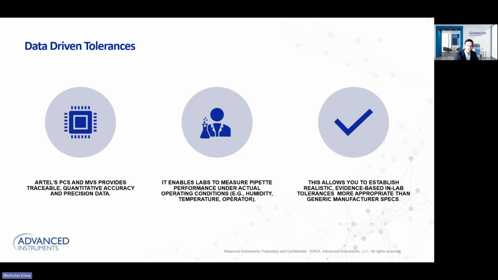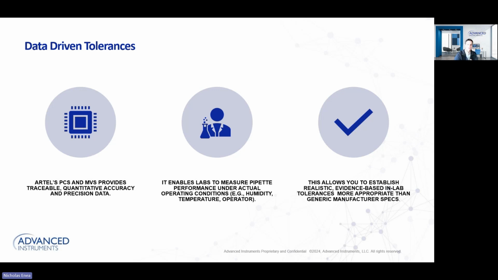We can help you with data-driven tolerances. So I just gave you a lot of information. I gave you a lot of places to start, but ultimately it comes back down to your actual lab and your application. The beauty of our systems and what they do is you're able to actually get meaningful data and create your own tolerances, right? You can create your own replicates based on the actual data that you're getting and the frequency, right? People will come to me all the time and ask me the same question. What should my tolerances be and how often should I test them?